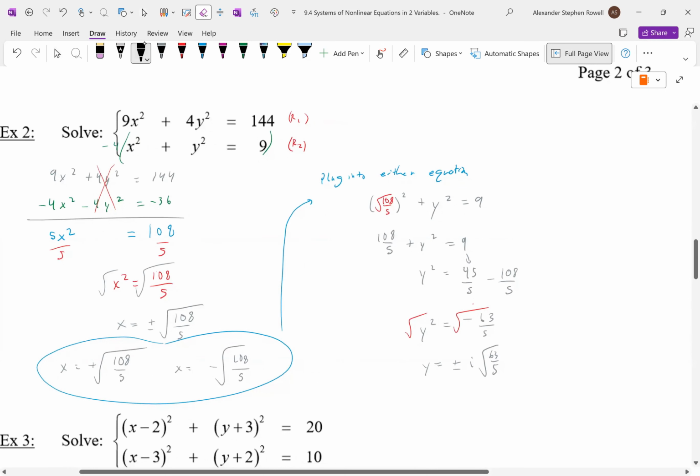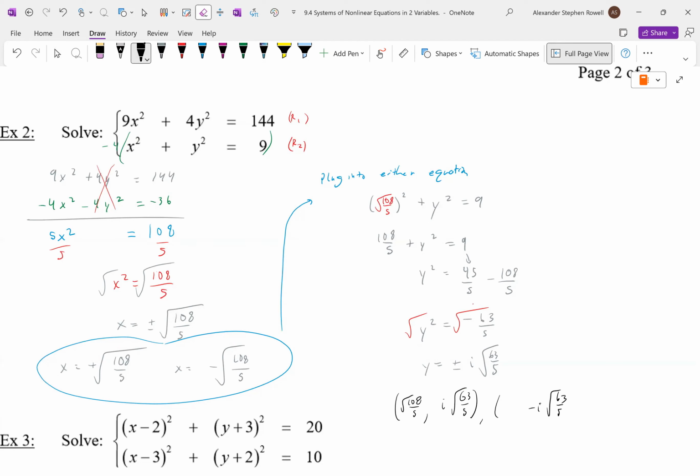So I have 4 solutions. This is corresponding to 2 of them, right? If x is root 108 over 5, y can either be positive i root 63 over 5 or negative i root 63 over 5.